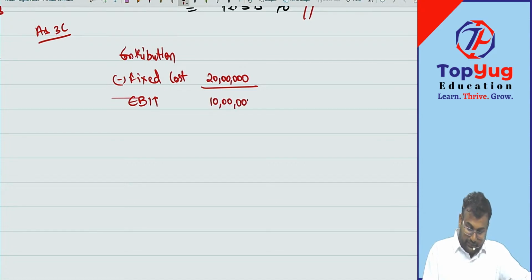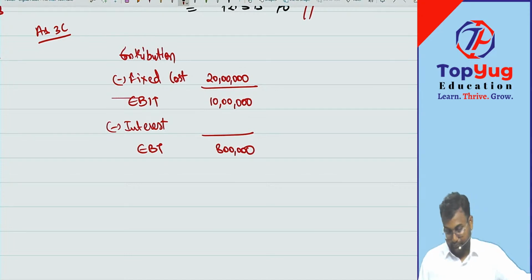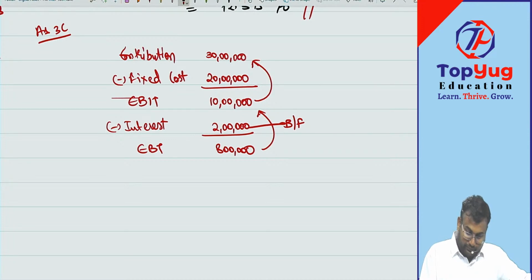EBIT 10 lakhs. Minus interest, again not given. EBT 8 lakhs. So how much would be my interest? 2 lakhs. And again, how much would be my contribution? What would be my DCL?